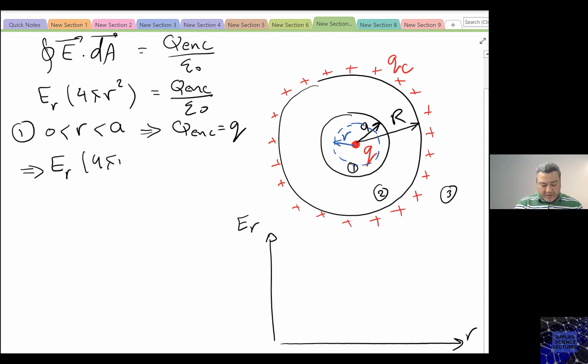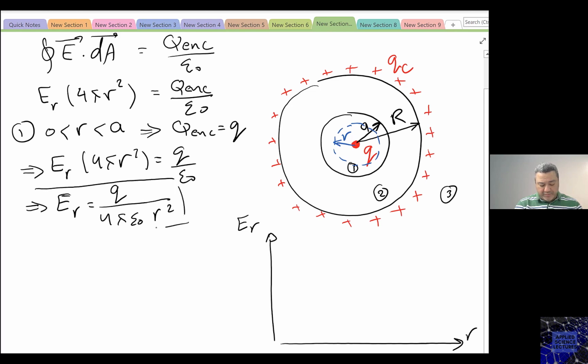So if I substitute now this Q enclosed with a Q in my expression that I have derived earlier, I can find that the electric field is Q divided by 4 pi epsilon naught r squared. This is the magnitude of the electric field for the region number 1.